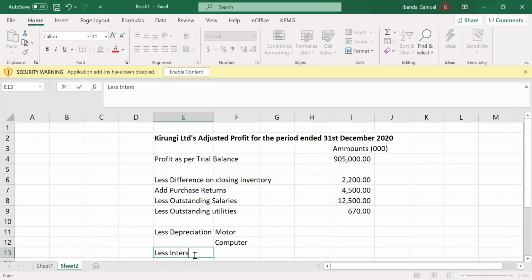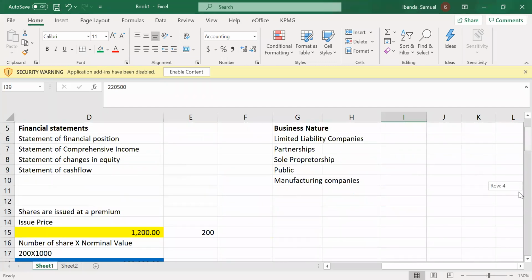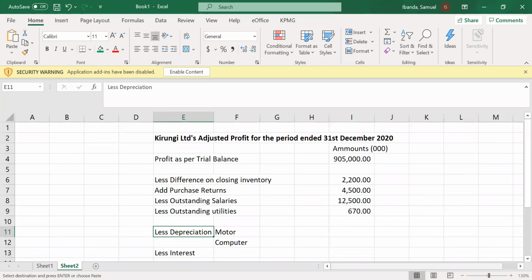But remember, we only recognize the interest for the 3 months, which we calculated here. This is the only interest that we checked there, which is the 13,500, because that is the only interest that is valid to be recognized this year.